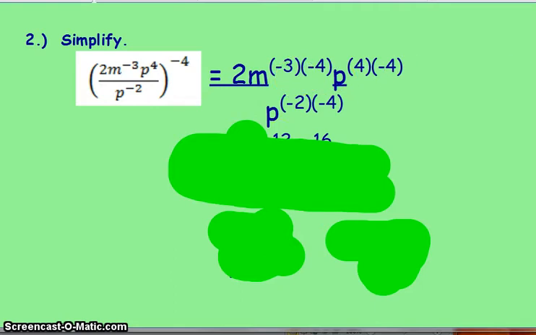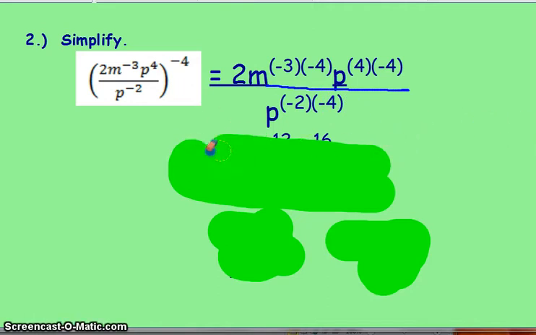And so let me just continue this line so we can see our expression. So I've raised negative 3 to the negative 4th power there, 4 to the negative 4th power there, and then down below we have p to the negative 2nd times the negative 4th power.